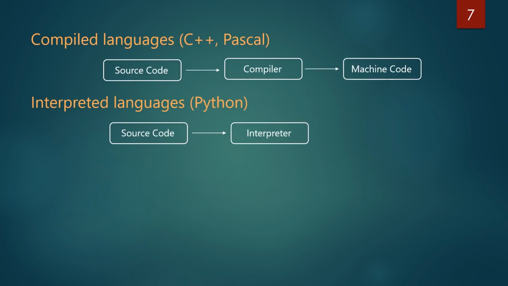It takes in the source code file, the Python file that you write, and looks at it line by line, trying to understand each line and translate it to machine instructions on the fly. So it does not do everything in advance and then run the 0s and 1s version. It runs on the fly.